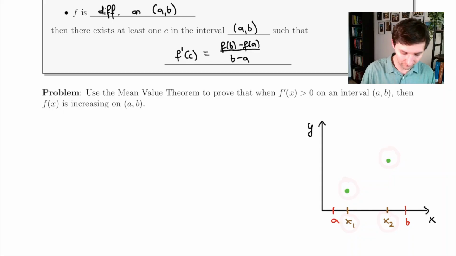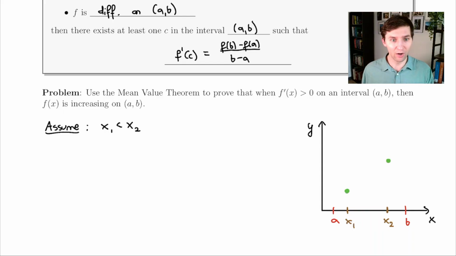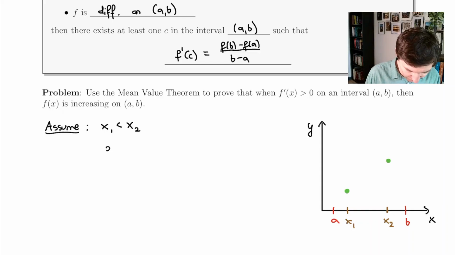What I'm assuming then is that I have points x1 and x2 such that x1 is less than x2. What's more, both x1 and x2 come from within the interval [a, b]. I can assume one more thing. I can also assume that the derivative inside of the interval [a, b] is greater than 0.